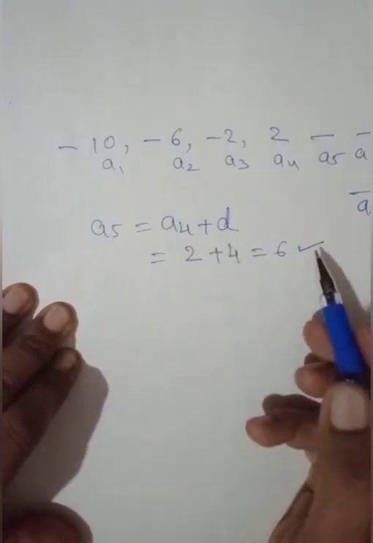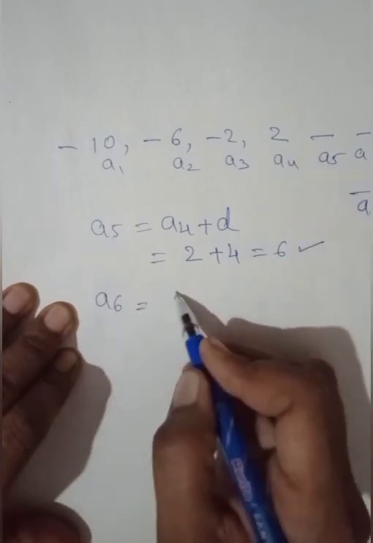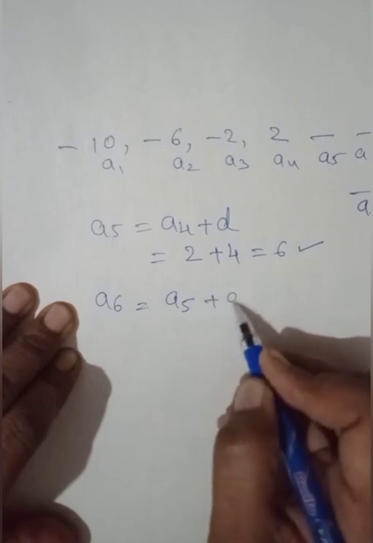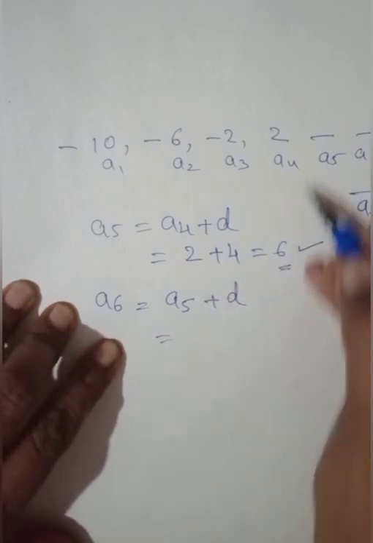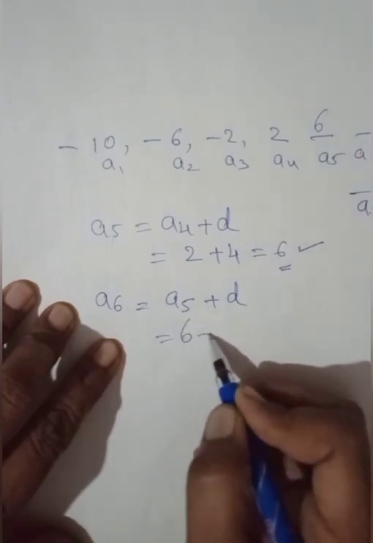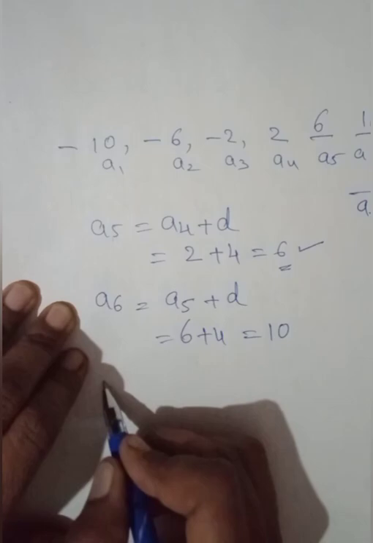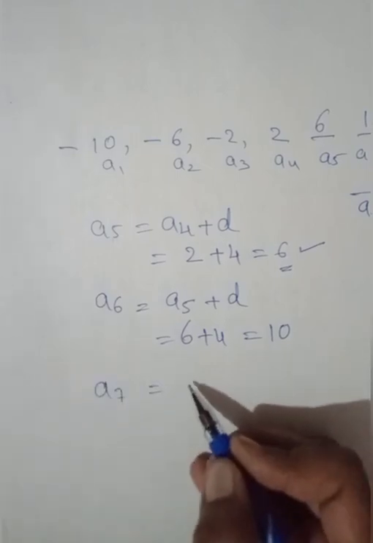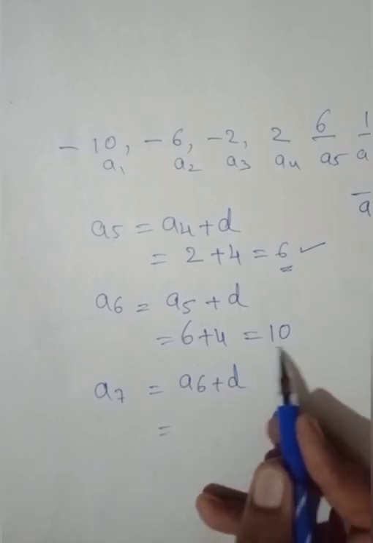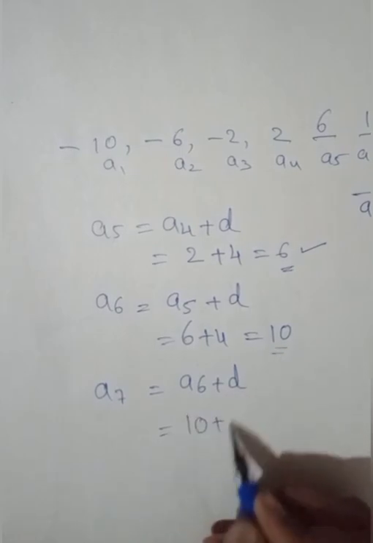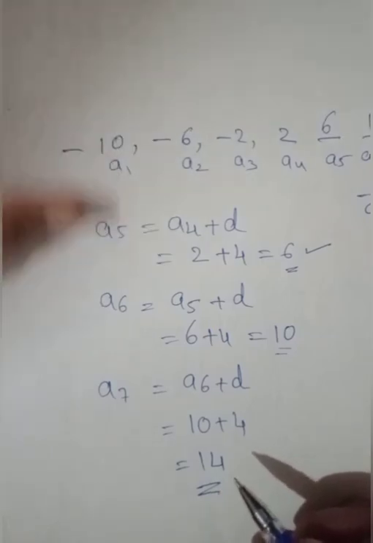This is the first of the next terms. Then a6 is equal to the a5 term plus the difference. a5 is what? Already you have calculated, which is 6. 6 plus 4, which is equal to 10, that is a6. And next, that is a7 is a6 plus d, which is equal to a6 is 10 plus 4, which is equal to 14.